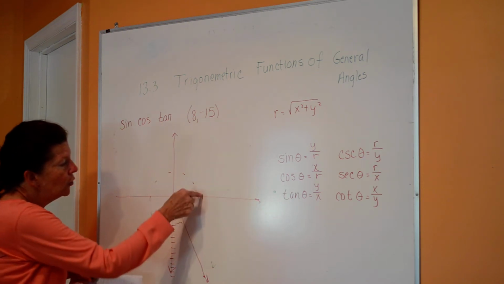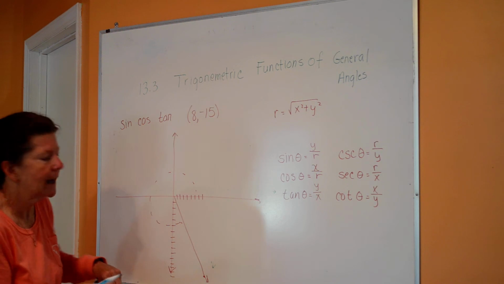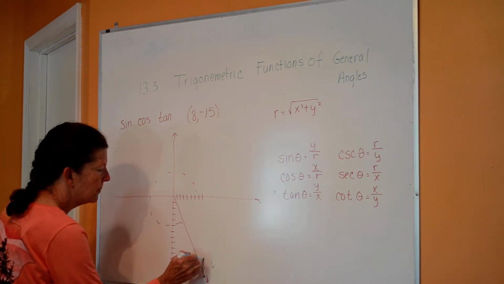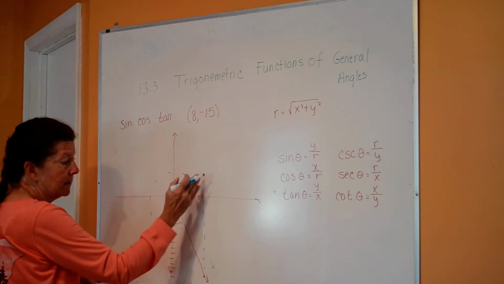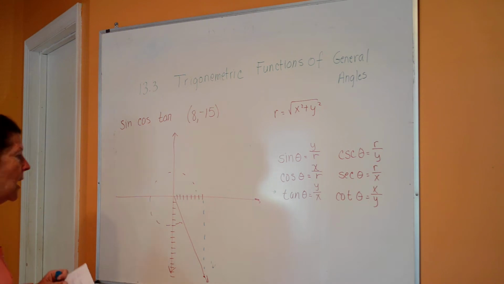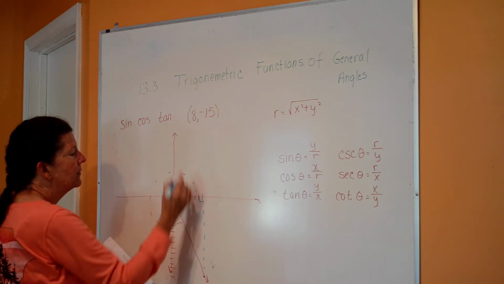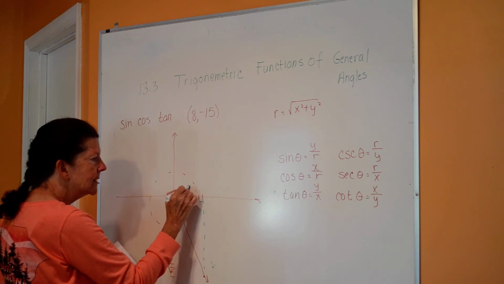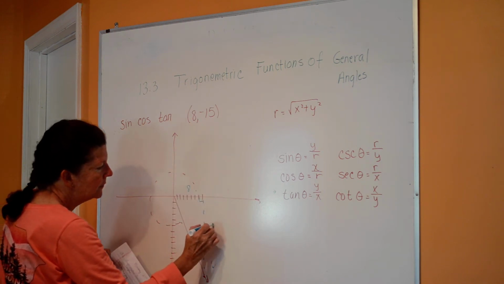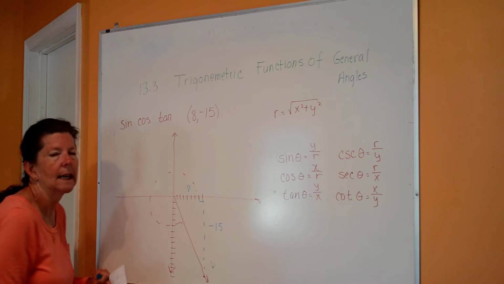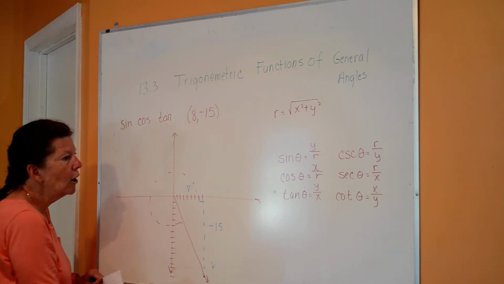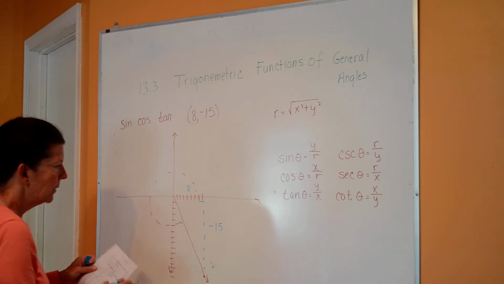But I am always going to draw my right triangle. I'm always going to form it with my x-axis. I'm always going to drop, or in this case, I'm going to raise a perpendicular line from my angle. So there's my right side. Now understand, if I've gone over 8, this is 8, I've gone down 15, so this is negative 15. I can find my r value by doing Pythagorean theorem.